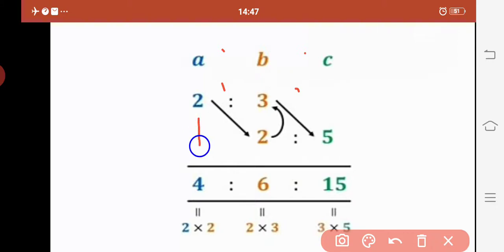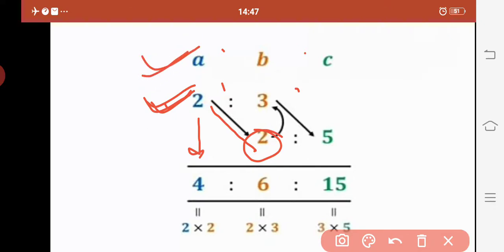For A, what will we multiply? We will multiply the antecedent of the first ratio with the antecedent of the second ratio. Is that clear?